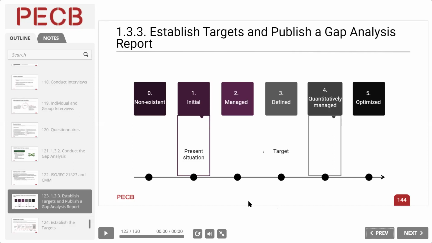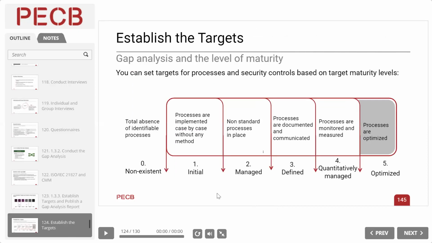Most companies that I have encountered in Ghana are around 2.5. So this is what it means. 0, non-existent: total absence of identifiable processes.